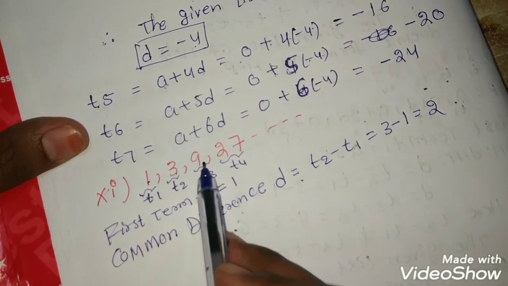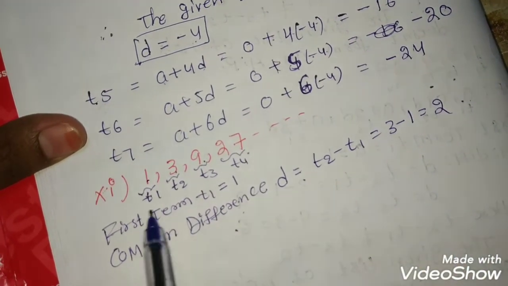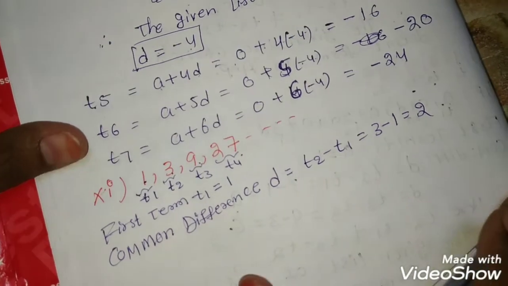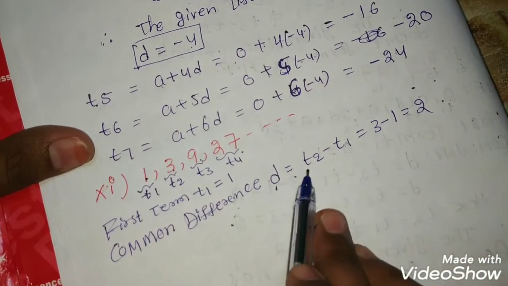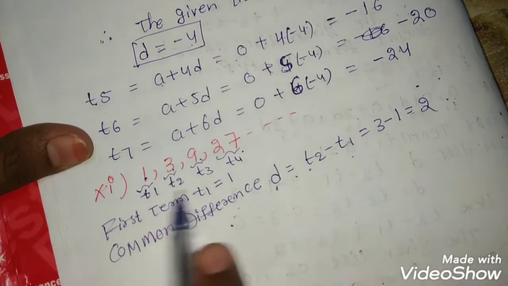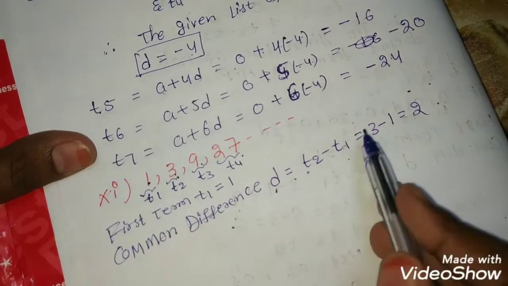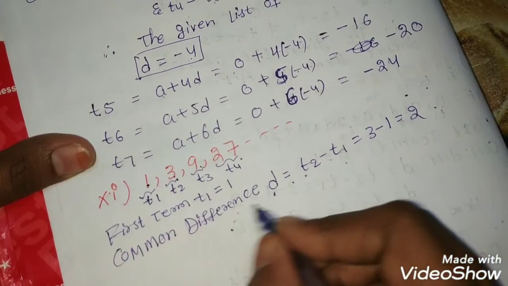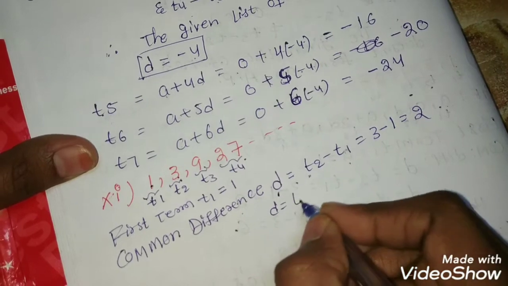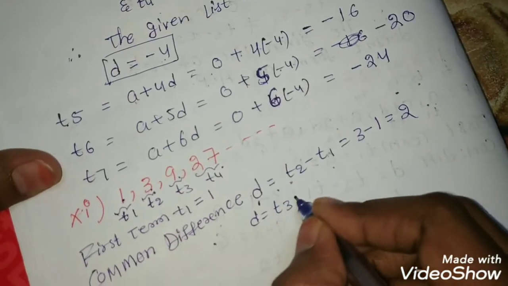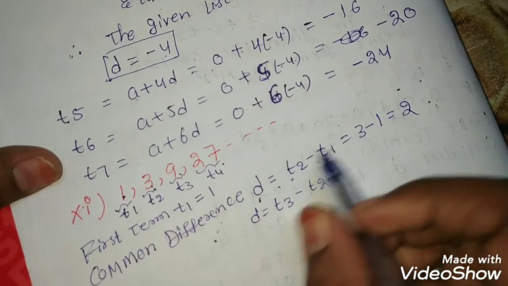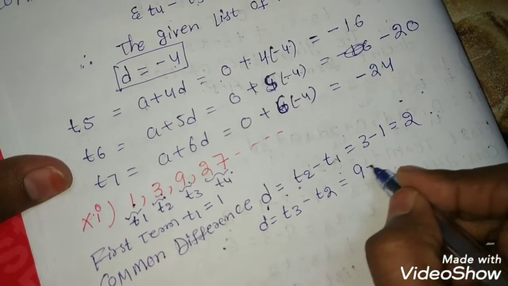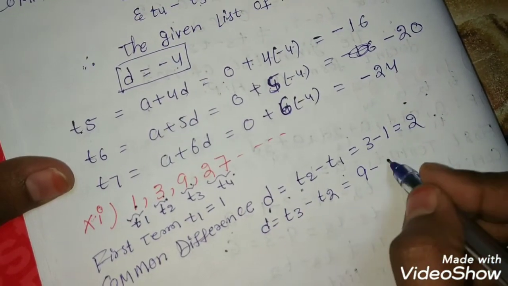1, 3, 9, 27. Okay. I wrote the process here. What is the D? Common difference is T2 minus T1. What is T2? 3. What is T1? 1. 3 minus 1 is 2. So let's check another. D is equal to T3 minus T2. What is T3? 9 minus, what is T2? 3.